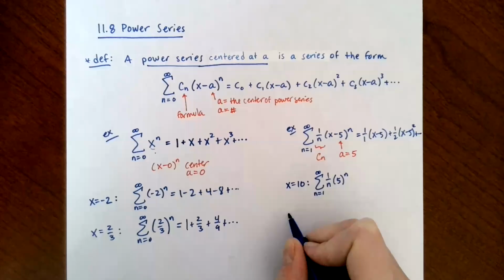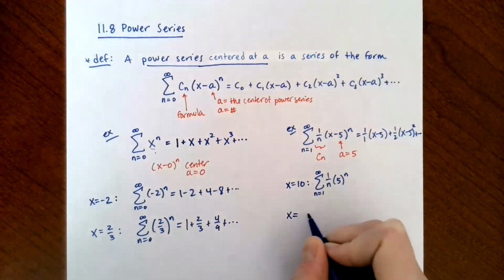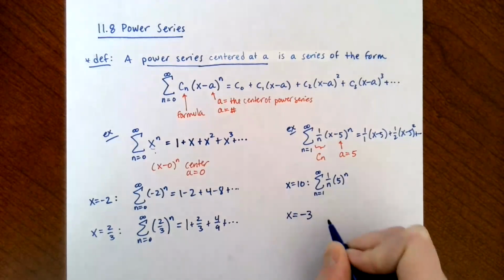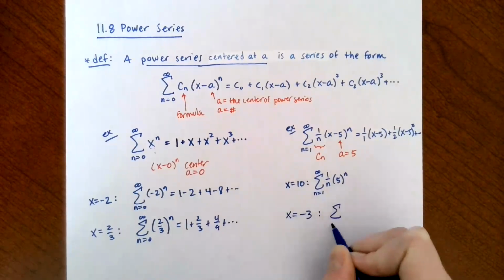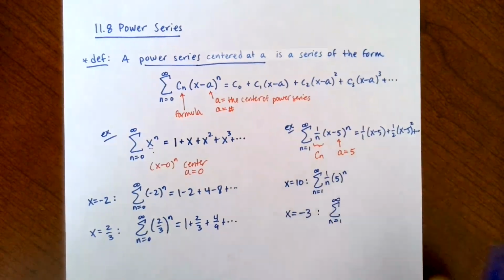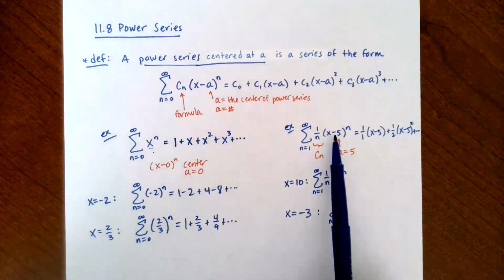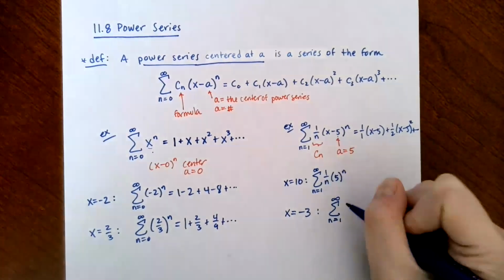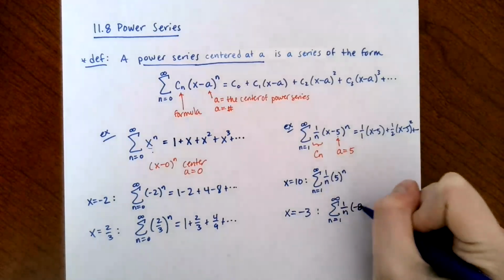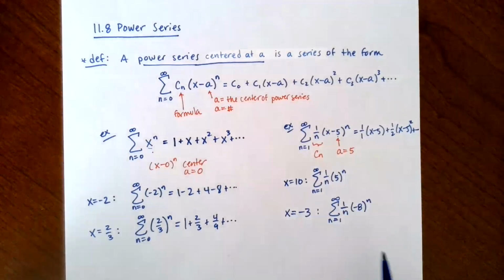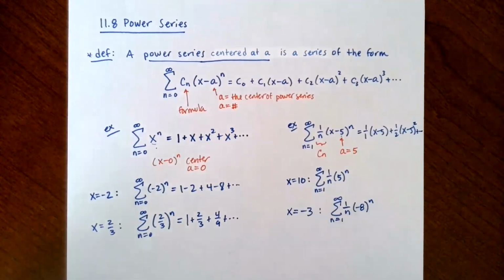If I plug in, let's say, x equals -3, I still have 1 to infinity. A -3 plugged in for x right here makes -3 minus 5, which is -8. So we have 1 over n, (-8) to the n. And I've created an alternating series with that negative number.